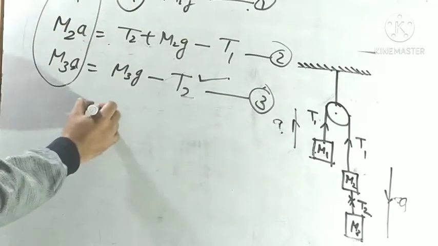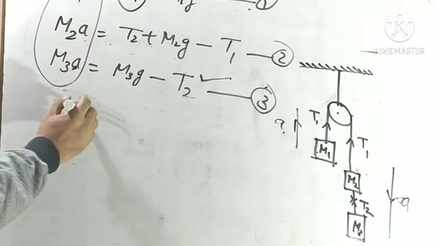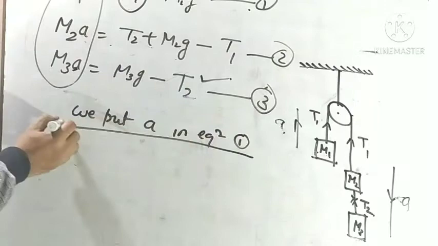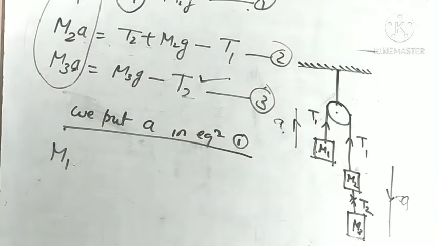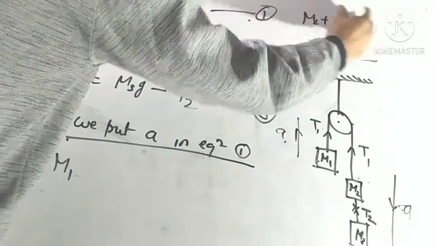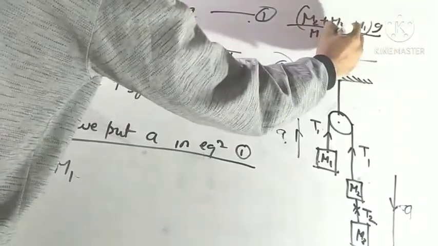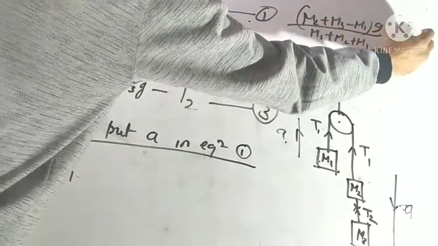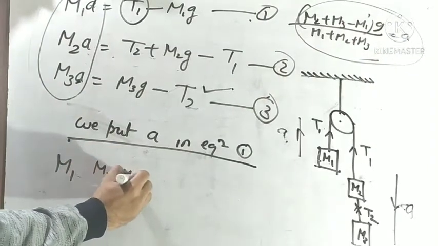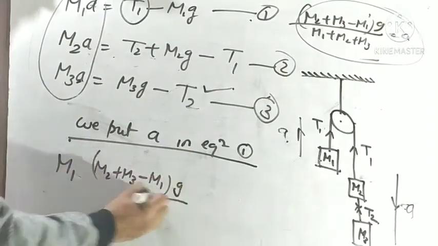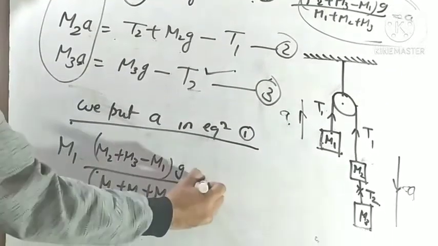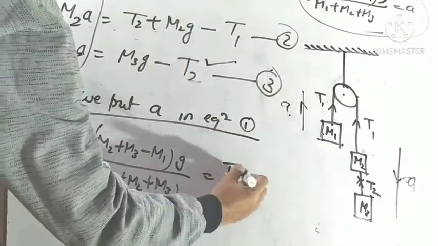The value of acceleration is M2 plus M3 minus M1 times G upon M1 plus M2 plus M3, which equals T1 minus M1G.